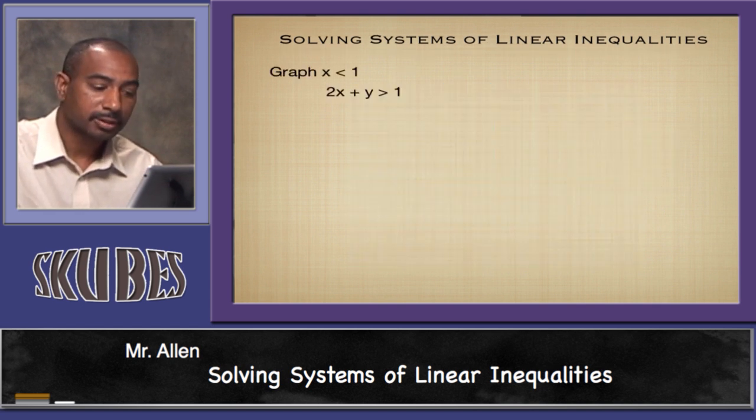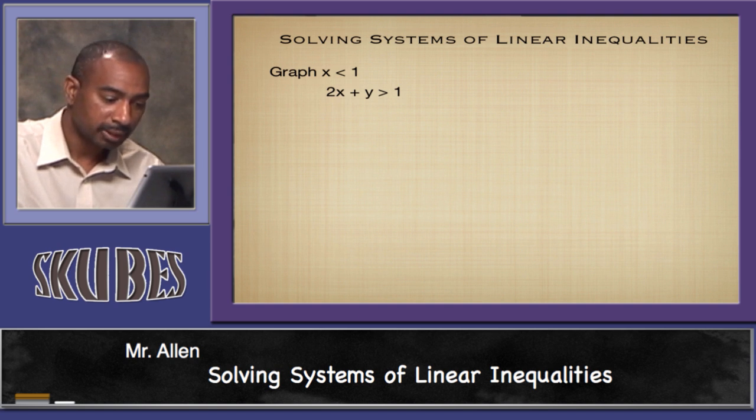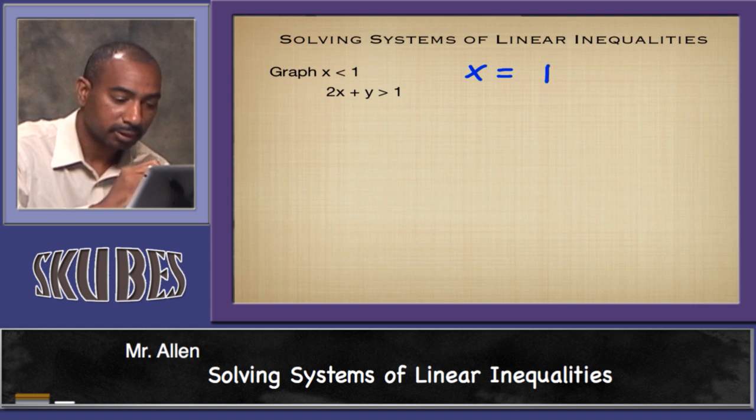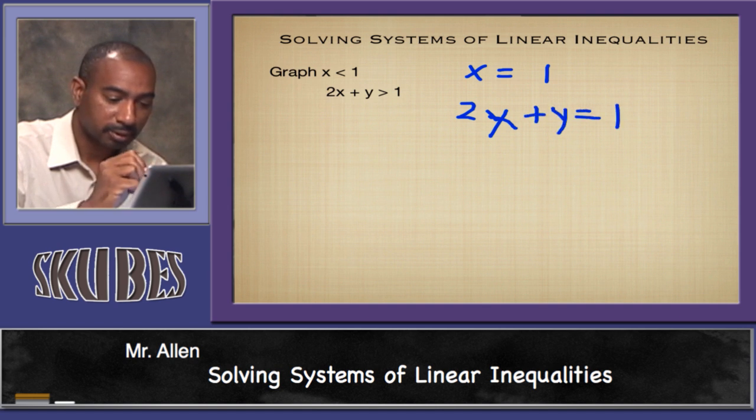All right, graph x is less than 1 and 2x plus y is greater than 1. All right, so our boundary lines are going to be x equals 1 and 2x plus y equals 1. They're both going to be dashed lines because we're not including points on the line.